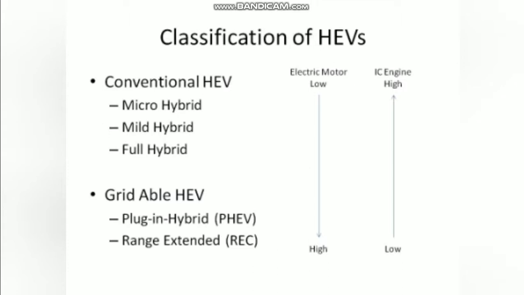On the other hand, the rating of the IC engine is high in a micro hybrid, while it is low in a REV. So micro hybrid, mild hybrid, and full hybrid are clubbed and known as conventional hybrid electric vehicles, while plug-in hybrids (PHEVs) and range extended hybrids, known as REVs, are clubbed under gridable HEVs.